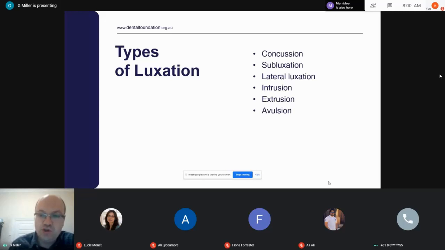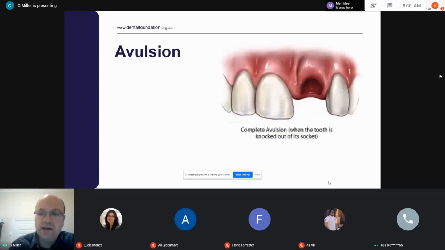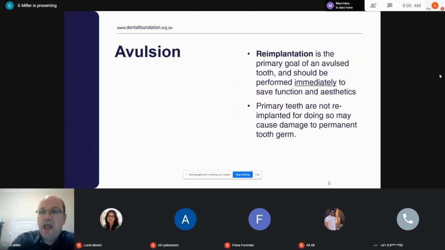There is extrusion, which is luxation out of the socket, and complete avulsion, where the tooth is totally knocked out. Avulsions will often present such as this, with the entire tooth knocked out, and you will then have a very swift goal of reimplanting the tooth.